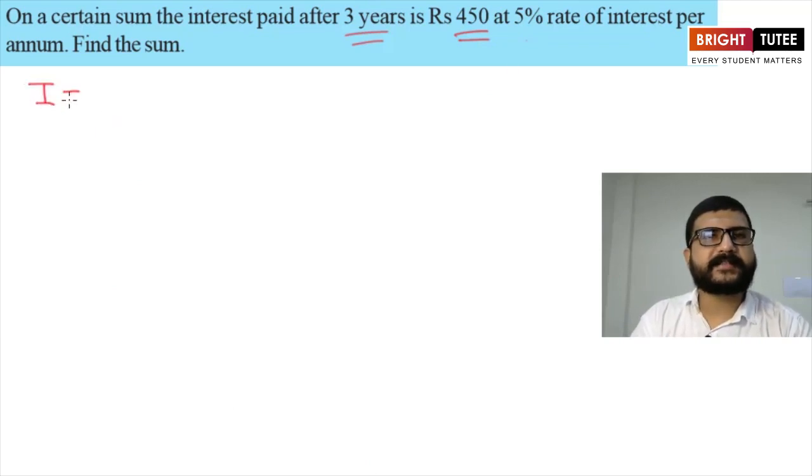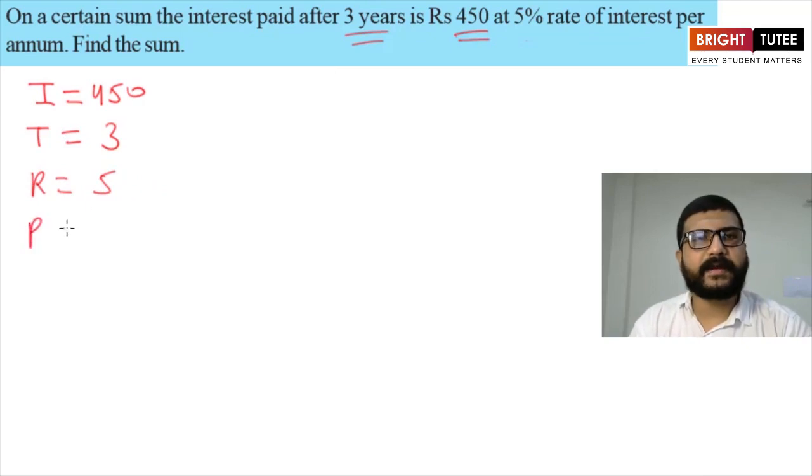That is R is 5. Now what we have to find? We have to find the principal amount.